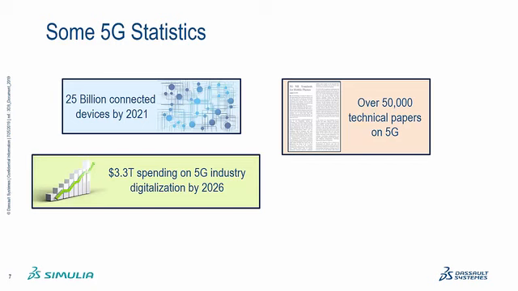Ericsson has projected that there'll be $3.3 trillion spending on 5G industry digitalization by 2026. That's a large amount of money, and it doesn't even include the consumer market. In this particular study, they were looking at industry, as we'll talk about shortly in particular, and they see a very large uptake and growth in industry for 5G.